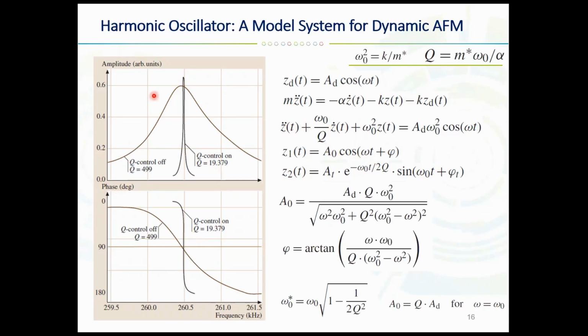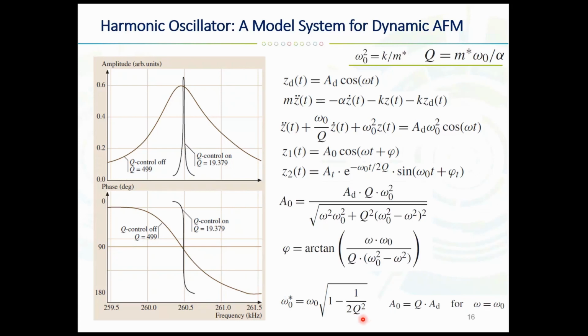The amplitude will reach its maximum at a frequency different from its resonant frequency, unless the quality factor has almost infinite value. The damping term of the harmonic oscillator will cause the resonant frequency to shift to some modified frequency, and this is the equation for how we can calculate it. This shift is negligible for a Q factor larger than 100, and this is the case for most applications in vacuum or air.